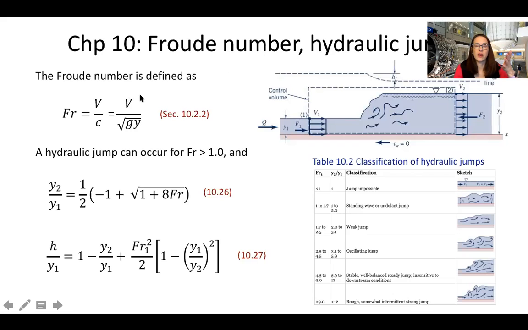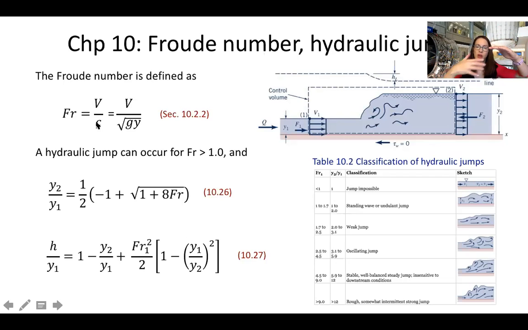Normally, the normal situation is your Froude number is much less than 1, and the waves travel much faster than the fluid itself is traveling. But if the flows become the same speed, then a wave can no longer propagate away from the fluid flow. It can sort of get stuck.